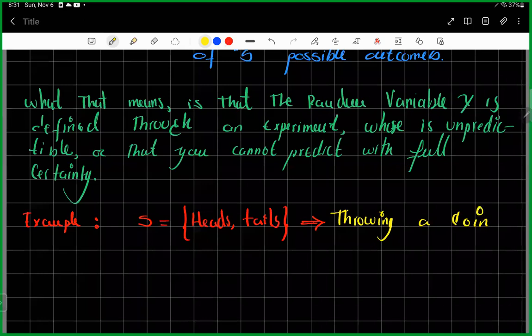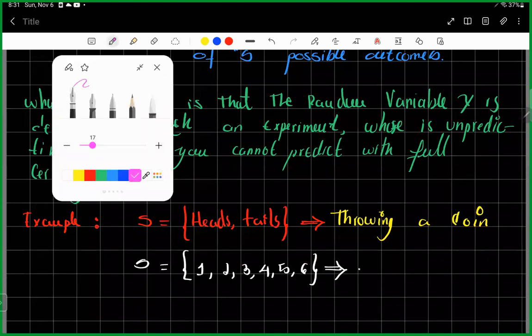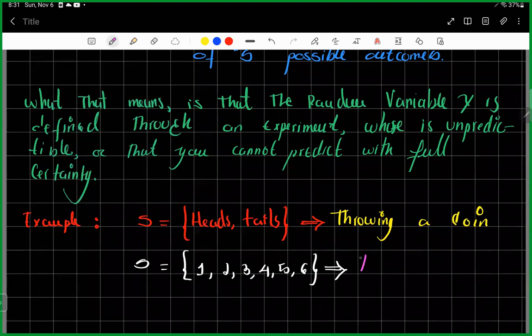Okay, now let's change the experiment. So for instance, if I had that my set of possible outcomes is a 1, a 2, a 3, a 4, a 5, and a 6. So clearly the experiment is just throwing a die.